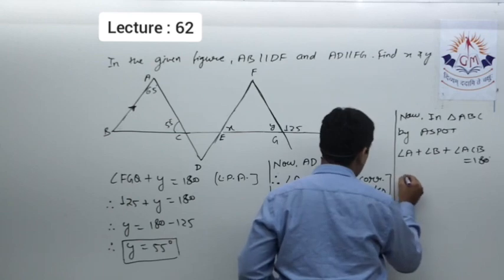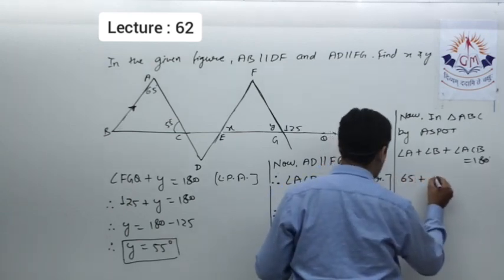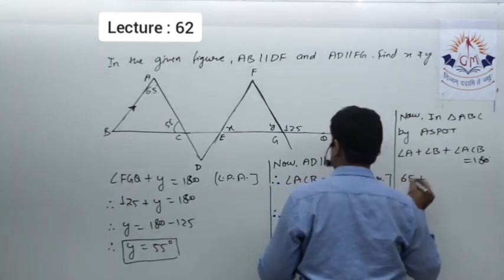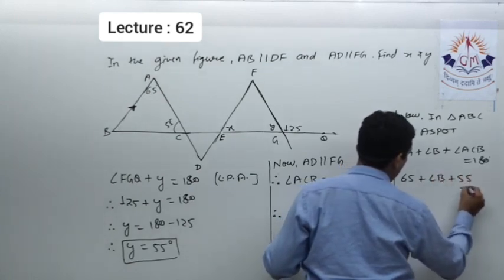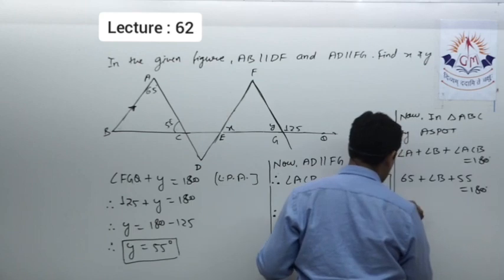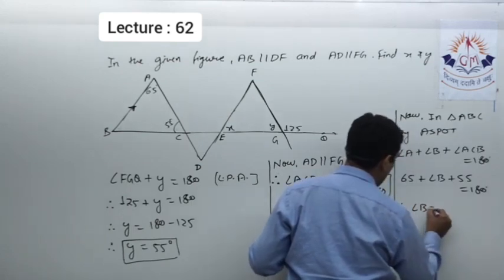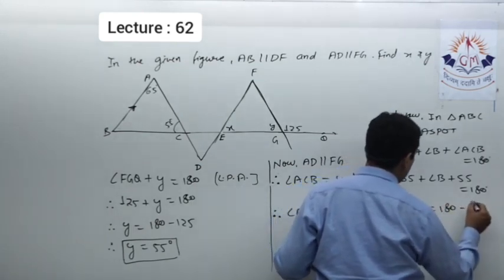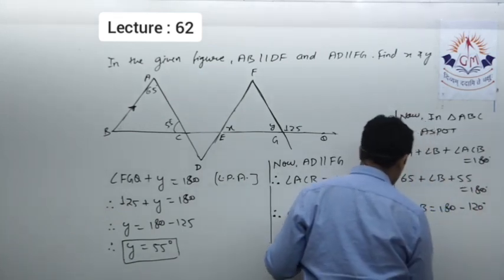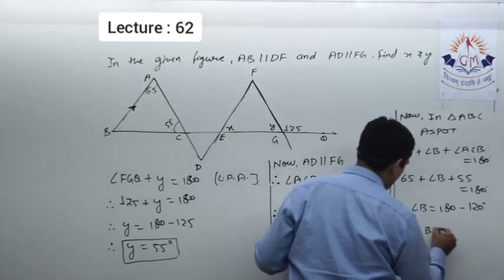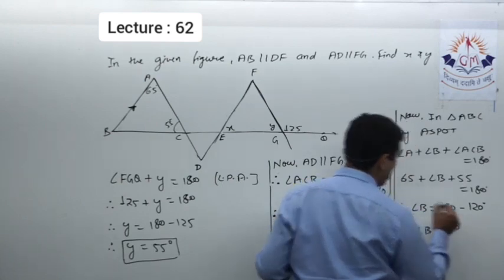Angle A is 65, angle B we have to obtain, and angle ACB is 55. Therefore angle B is equal to 180 minus 120. So here I obtain the measure of angle B, that is 60 degrees.